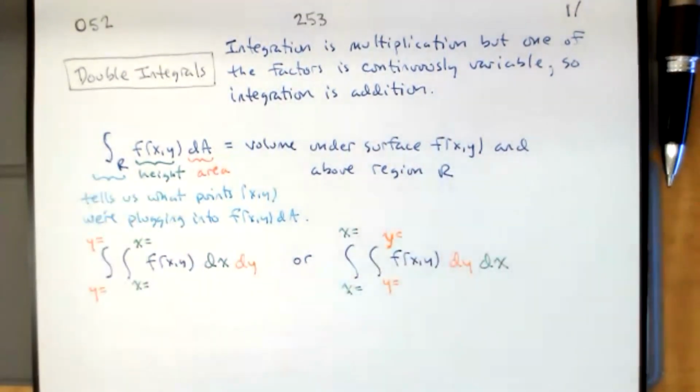But if we want to describe a region, all we have to do is say it's between these x values and these y values. That's what we're trying to do. We just want to make sure that we match up the correct order. That outside integral should be the outside dx or dy. The inside integral is the first dx or dy that's listed.